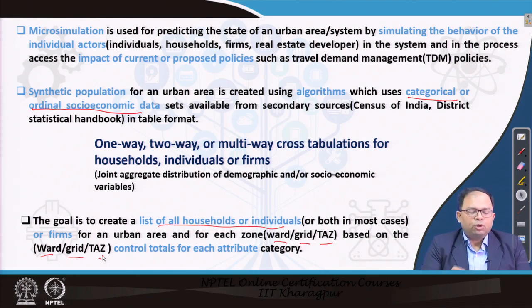That means, if we have the number of people of different education groups, age groups or gender groups in each ward, grid or TAZ, we can create a list of all households or individuals where we know exactly, for this particular individual, what his age group, his education, and his gender are. So, this is the synthetic population that we are talking about.